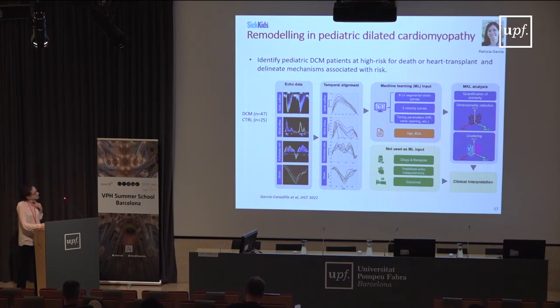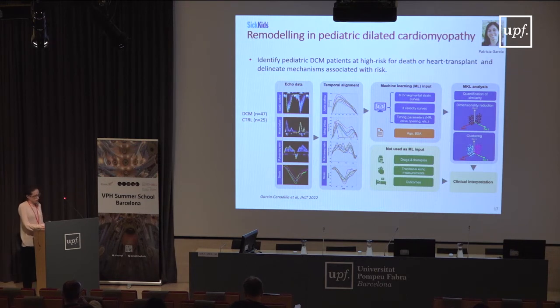Here the cohort was composed of 47 kids with the disease and 25 healthy controls, also kids. And we used, once again, the deformation curves of the echo data, together with Doppler velocities and clinical parameters, in this case age and body surface area.